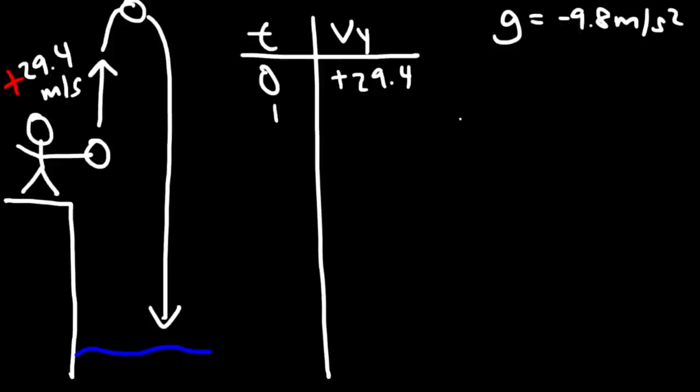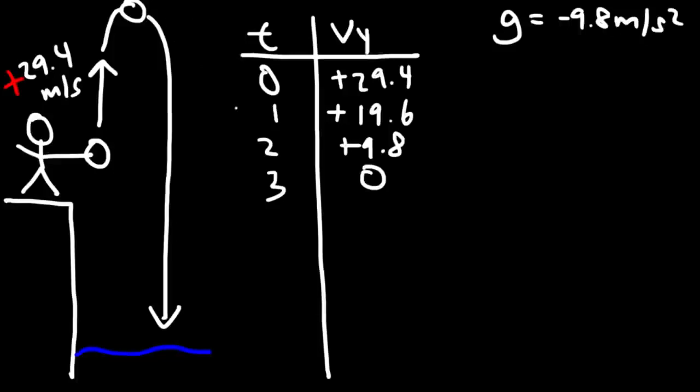So 1 second later, it's going to decrease by 9.8. So 29.4 minus 9.8 will give us 19.6. So 1 second later, it's going to be positive 19.6. 2 seconds later, we'll need to decrease this again by 9.8. So it's going to be positive 9.8. 3 seconds later, it's going to be at 0.